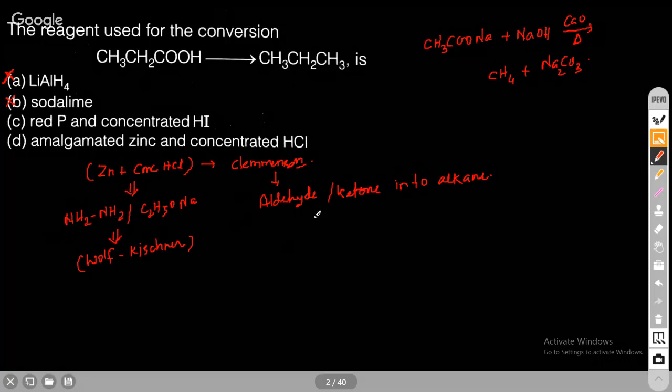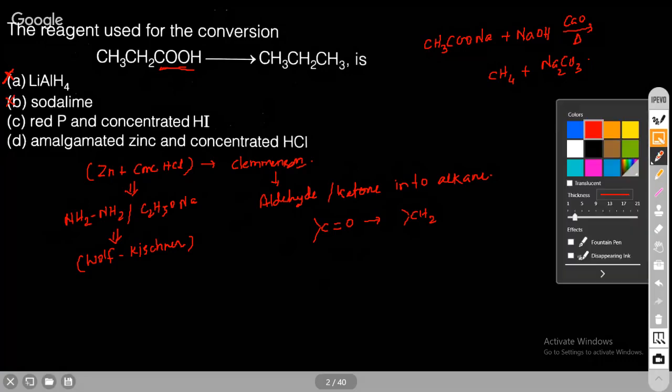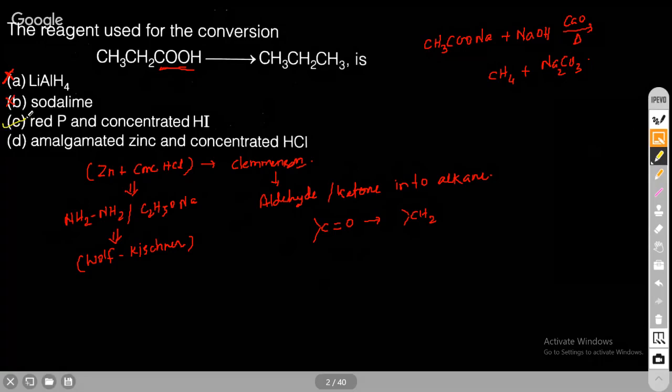In short, what you can memorize, the C=O converts into a methylene group, that is CH2, right? That is the conversion we have. All other things will be the same. But here we don't have aldehyde or ketone, we have acid, right? So for acid we use red phosphorus and concentrated HI. So the answer will be option C, red phosphorus and concentrated HI.